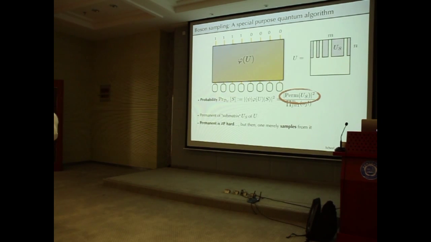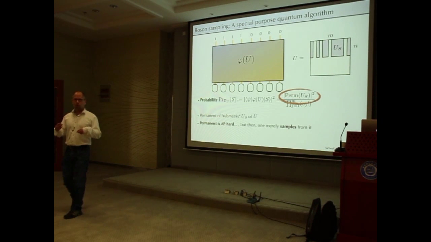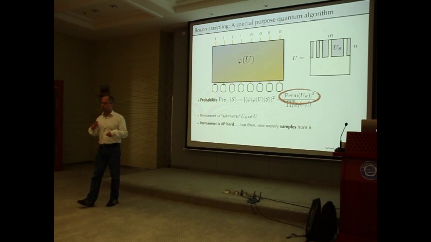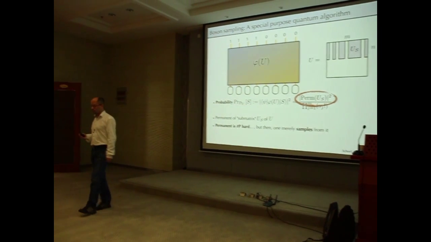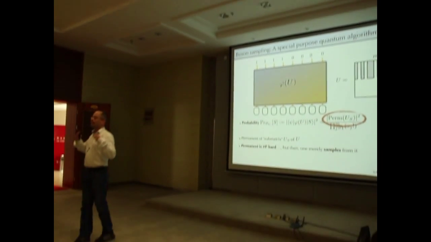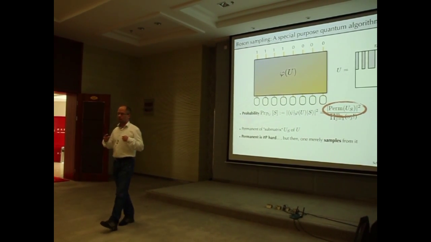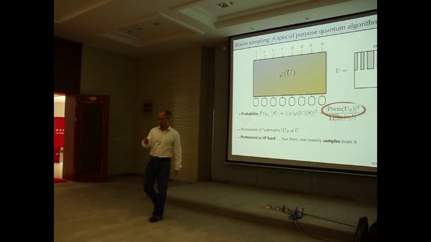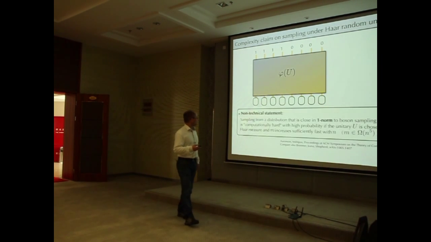And moreover, if you know how to compute the probability distribution, it's not quite clear how to sample from the distribution. But nevertheless, it's been the insight of Scott to see that this problem is in a way a computationally hard problem, to sample from that distribution.